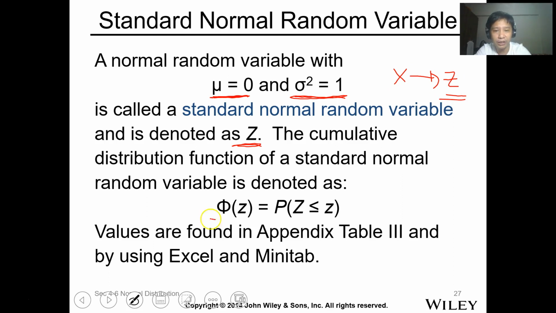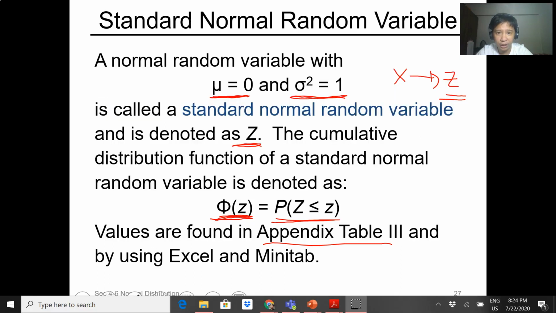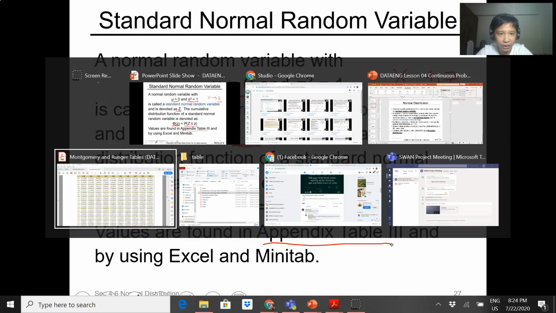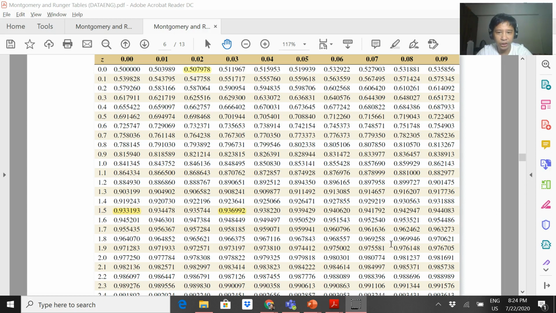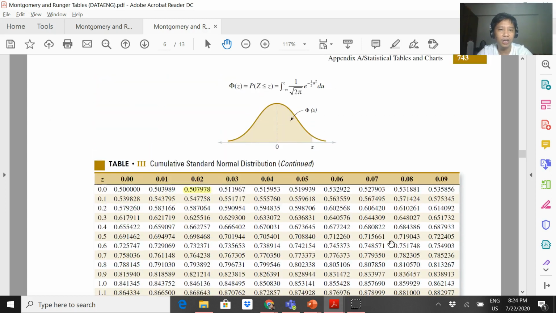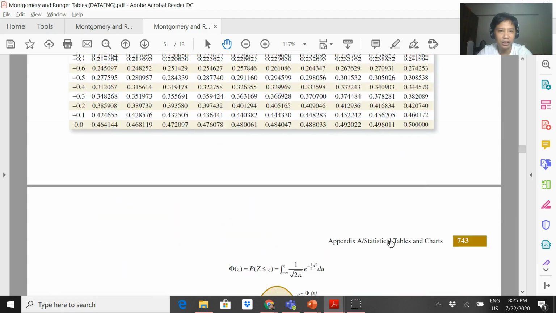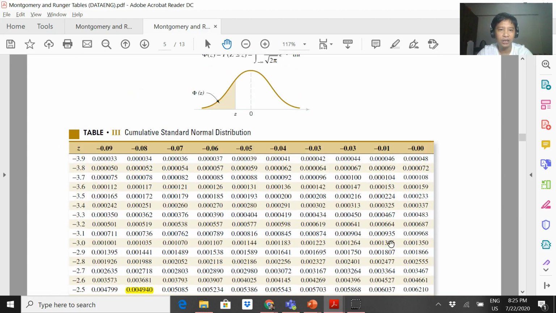So, Z indicates a standard normal random variable. And the probability is the probability of Z less than or equal to small z. So, ito ay, you can use yung table. Yung table na to, this is table 3 ng book ninyo, yung Montgomery.